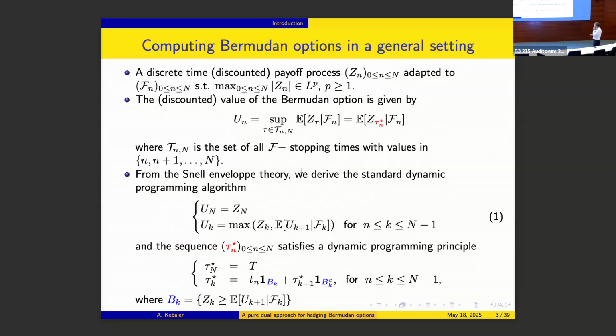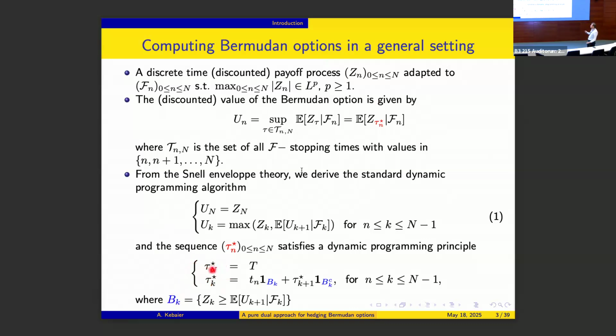Alternatively, there is another way to formulate this. Either you stick to this setting of conditional expectation, or you move to the second one, where you run an alternative dynamic programming principle, but now on the stopping times.